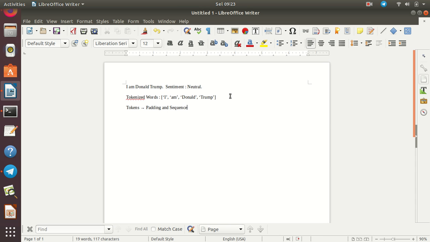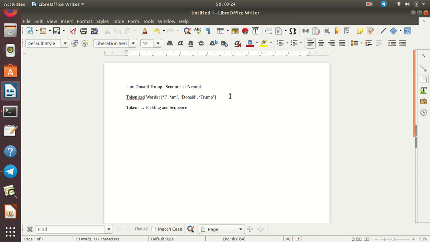It's where we create the index and we create the padding. So we determine the fixed length of the sentence or phrase, a fixed length of model input.